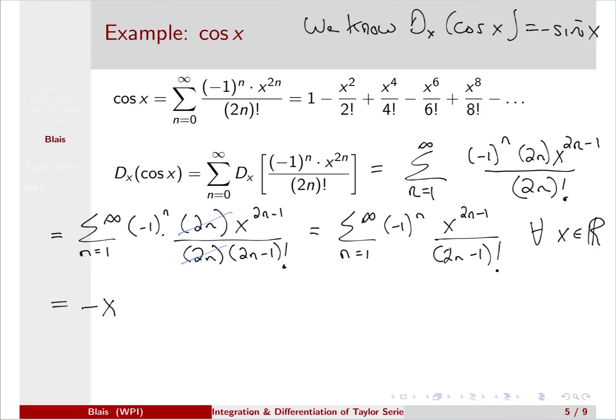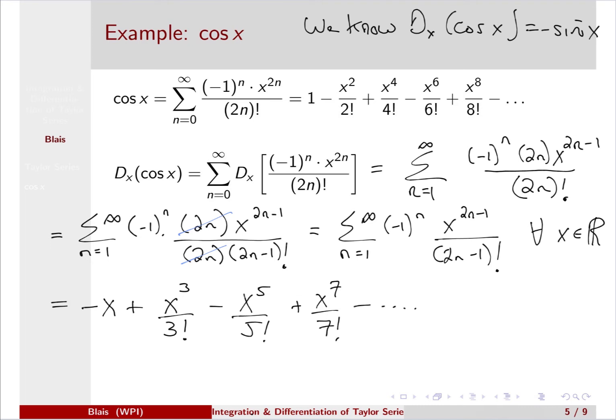When n equals 2, we get minus 1 squared, so we get a plus, x to the 4 minus 1, or 3, over 3 factorial. When n is 3, we get minus 1 cubed, so we get a minus, x to the 6 minus 1, or 5th, over 5 factorial, and then the next will be x to the 7th over 7 factorial, and so on and so forth.